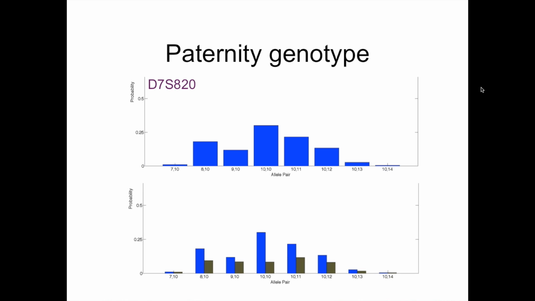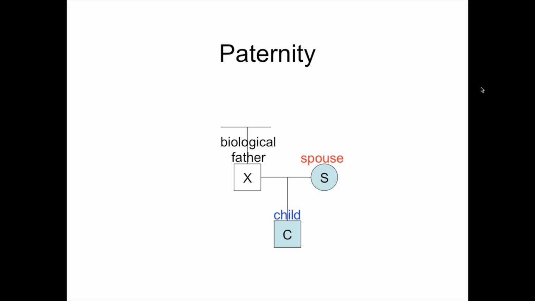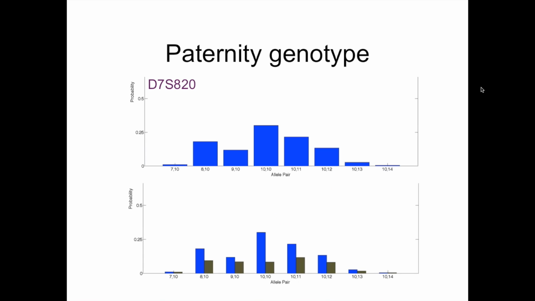Well, the bottom picture shows the same blue probability distribution, the posterior distribution, after having seen the spouse and the child as a likelihood function together with a population as a prior. But now we're showing it relative to the prior distribution of the population in brown.